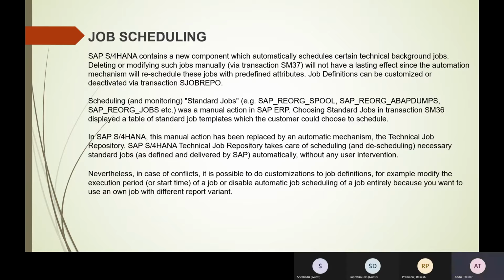So all these standard technical jobs are scheduled automatically in S/4HANA systems. If you want to stop those jobs, then you have to go to SJOBREPO, and from there you can deschedule the jobs. Any questions here?